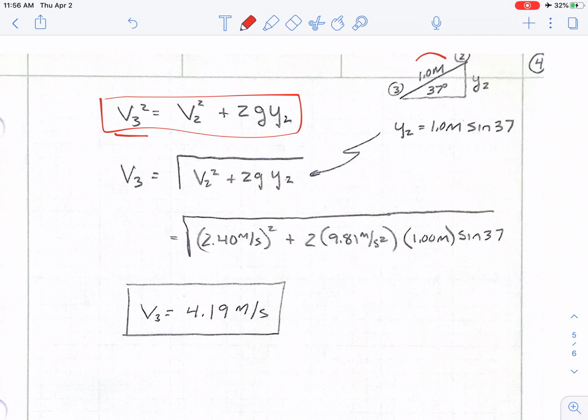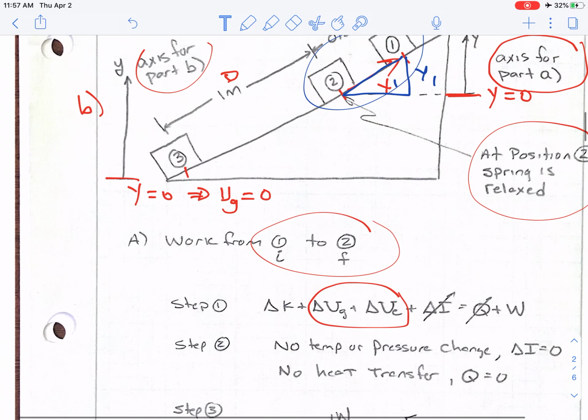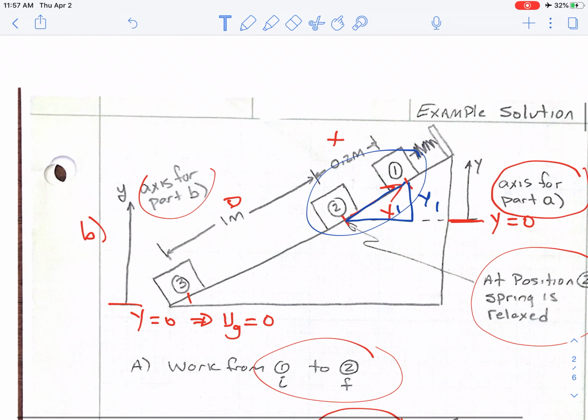Instead, we are given that d is 1 meter. So, doing a quick triangle, I just want to emphasize once more where this triangle is. I'm going to go up to the figure. This triangle is between 1 and 2, so I'm moving my point 3 all the way to the bottom. So we have this triangle here.